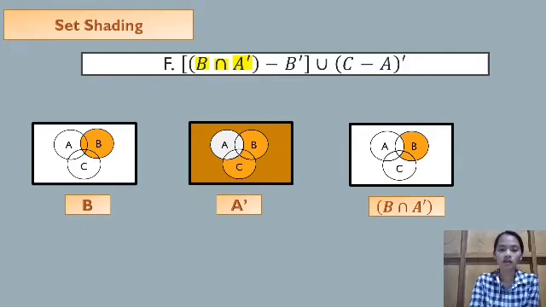It is B intersection of A prime, the innermost from the left. In this problem, B intersection of A prime is the innermost, enclosed in the parentheses. So we will illustrate this first in our Venn diagram.